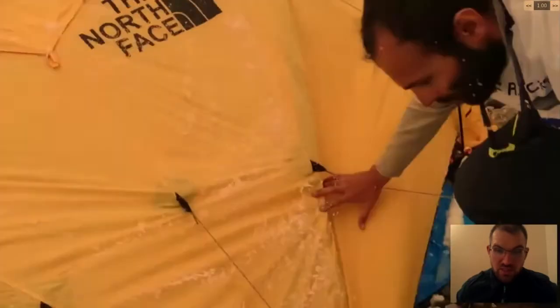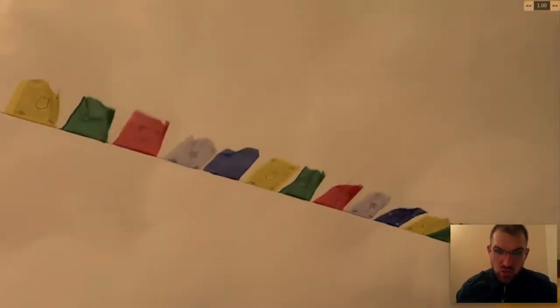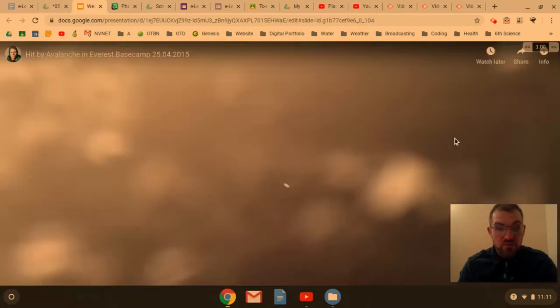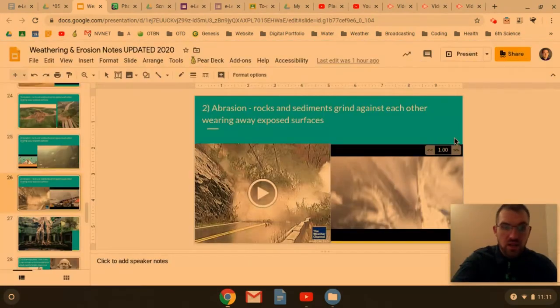This is at the base of Mount Everest, where you can see the huge avalanche coming in right there and how scary it is until you get inside of that tent. So this is just another example of abrasion and erosion taking course right here. I believe everyone in this base wound up being okay. It was just the people that were really right underneath the mountain that may not have made it out okay.